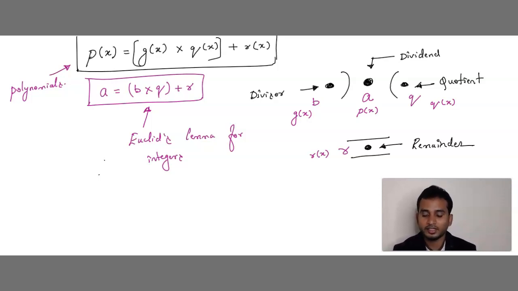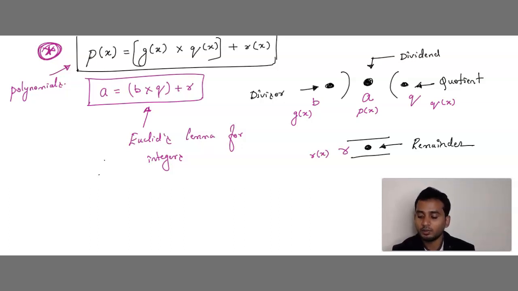Did you understand the basic thing? Yes. So this formula is very important. What is the Euclid division lemma for polynomials? It is p of x is equal to g of x into q of x plus r of x.